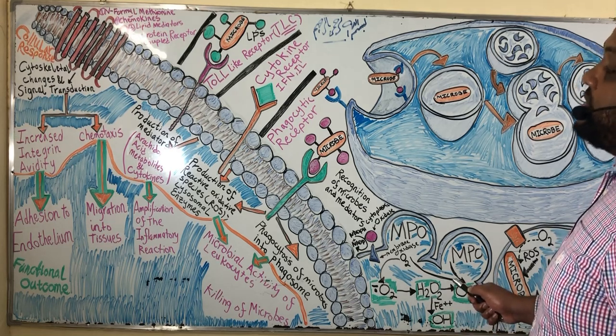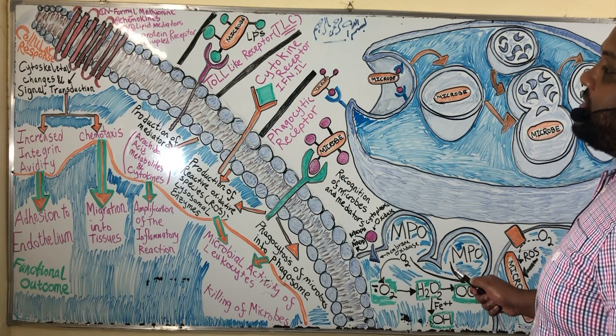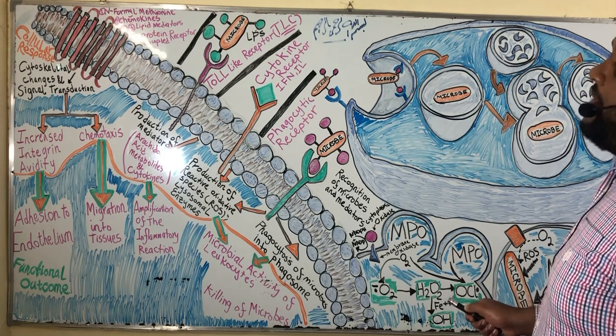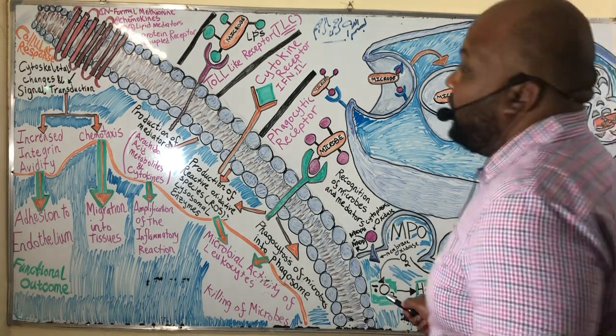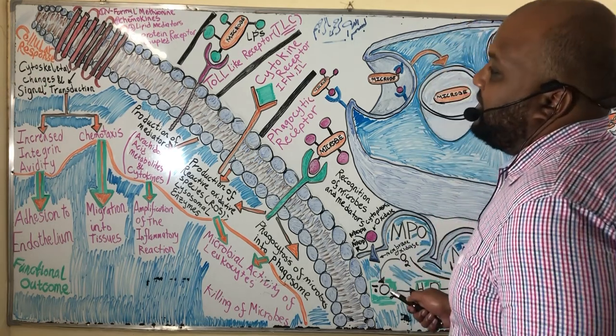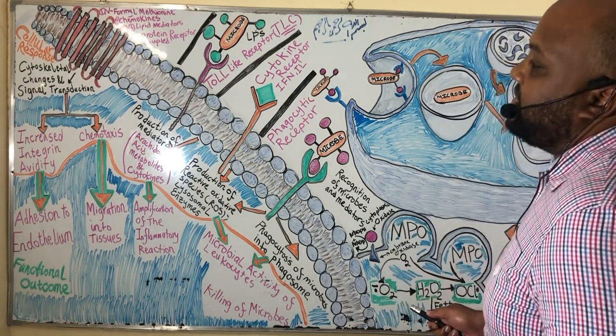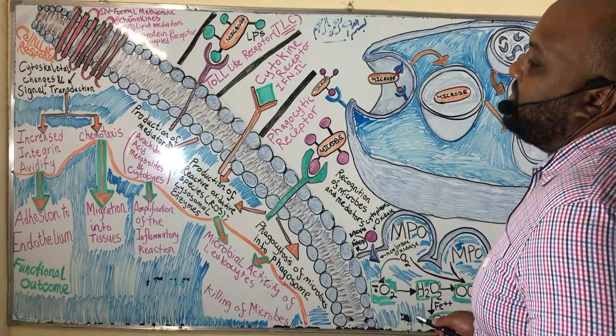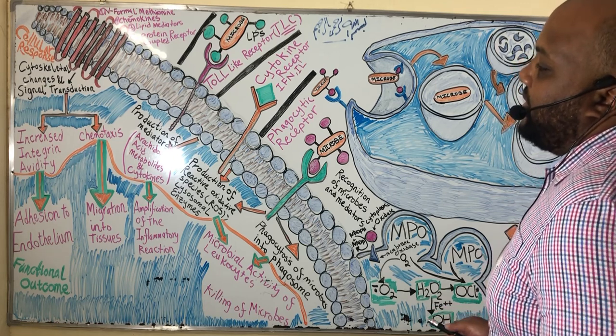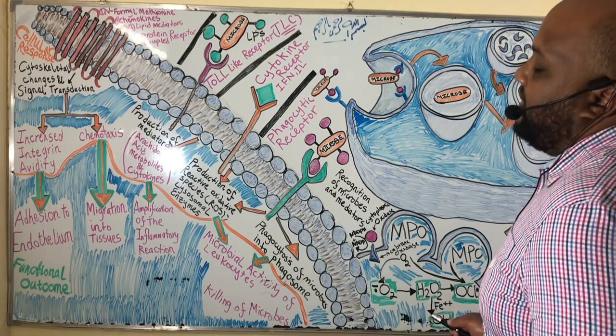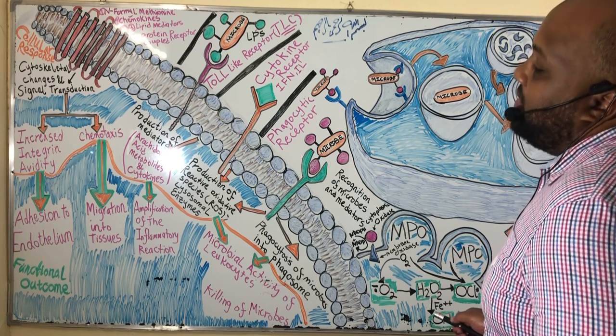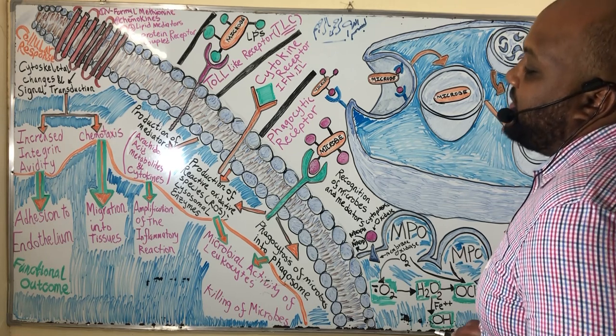First stage was the actual detection of all these pro-inflammatory signals, and then the second stage will be the cellular response. In this case, it's the cytoskeletal changes and signal transduction and increased integrin avidity and chemotaxis. Then the last step will be the functional outcome.